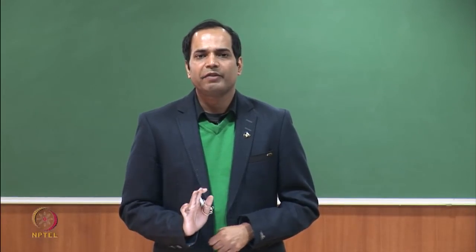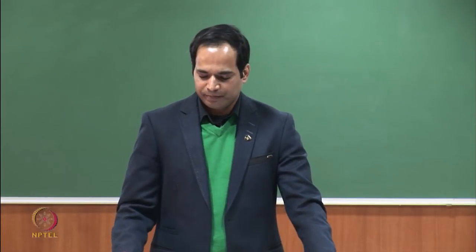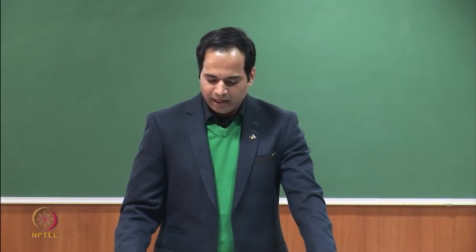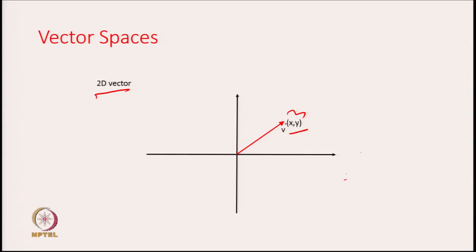Remember, we are just giving examples from real vector spaces. Now, this x would correspond to the value or the projection of this vector along, let us say, the i coordinate, and y corresponds to the value or the projection of this vector on the j coordinate. So, a 2D vector is denoted by two real numbers.